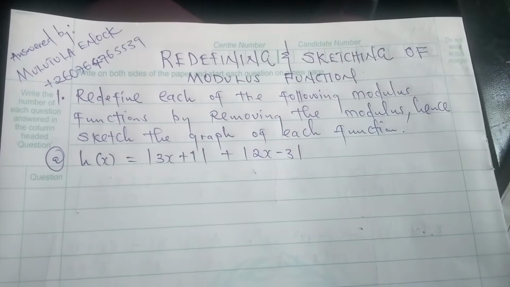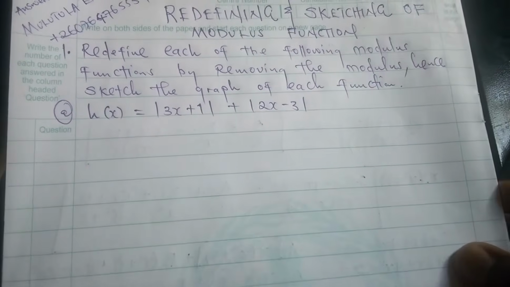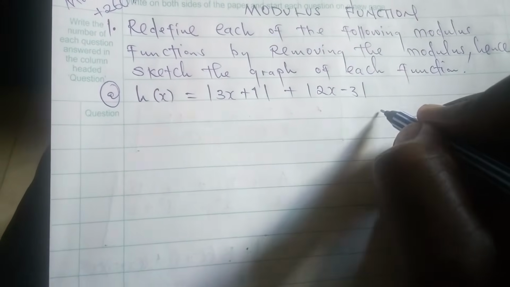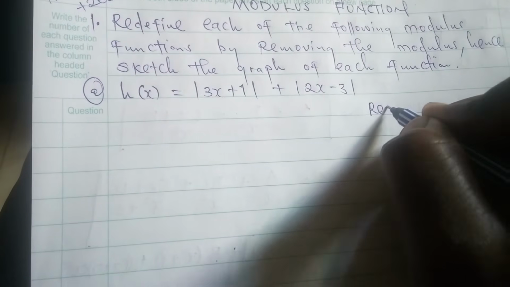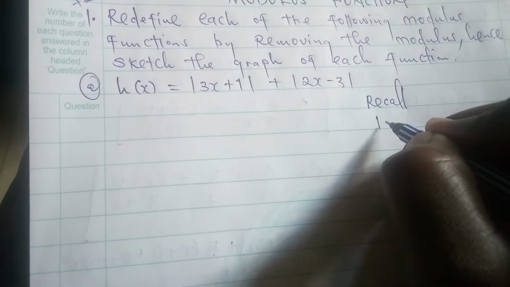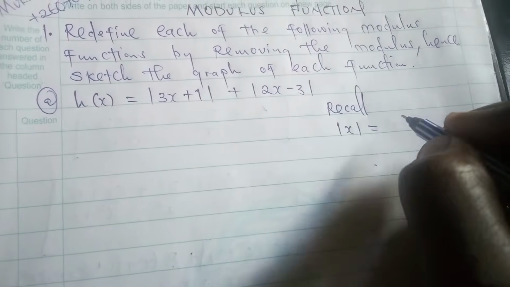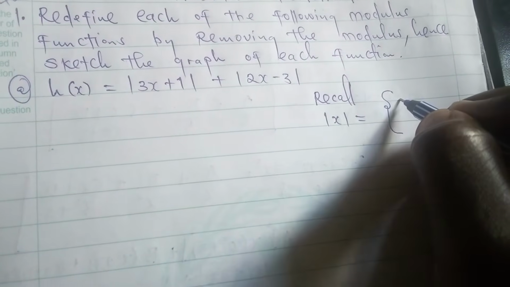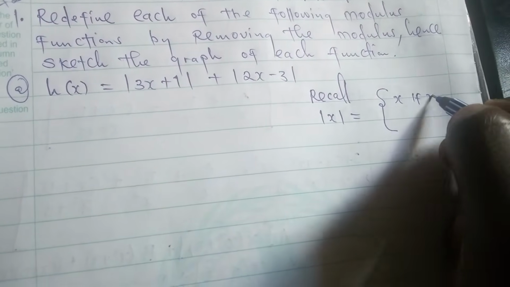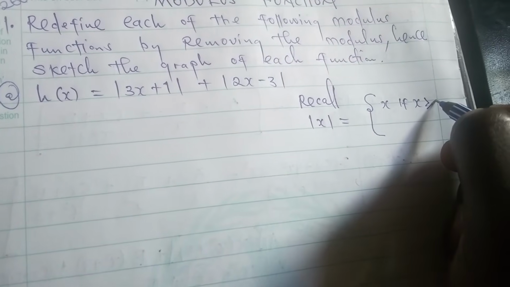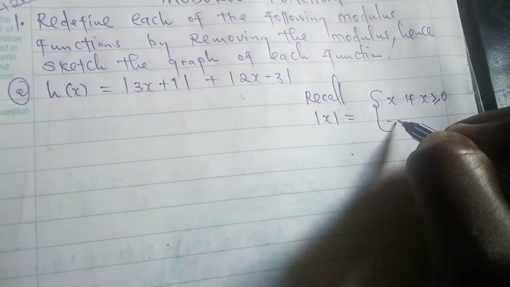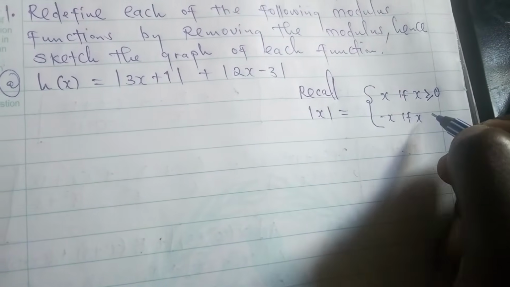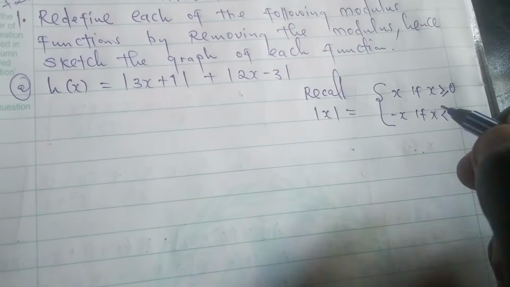One thing that you should recall under modulus functions is that the modulus of x is equal to x if x is greater than or equal to 0, and negative x if x is less than 0.